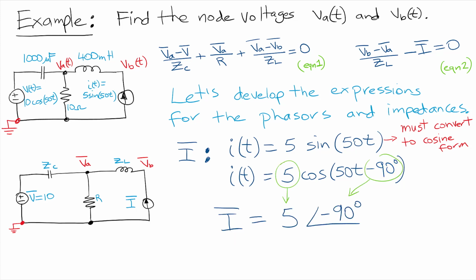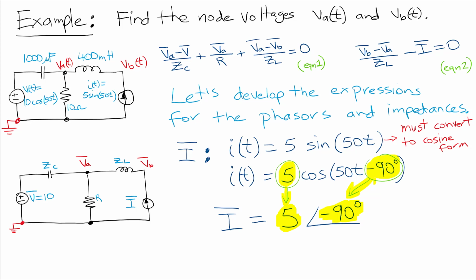So then, now that we have that, we do the exact same procedure as we saw last time. So whatever is multiplying the cosine drops down, and it becomes the magnitude of the phasor representation, and then the phase shift drops down and becomes the phase angle, okay?